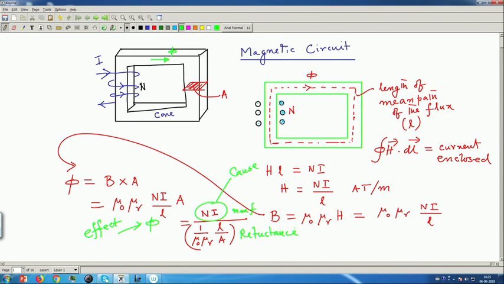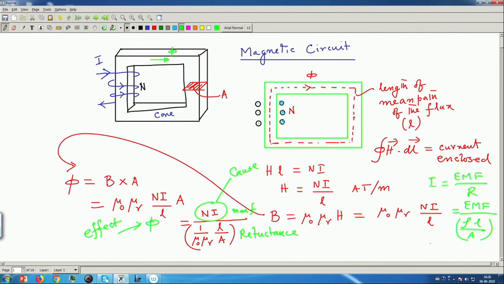In case of an electrical circuit, I is equal to EMF by resistance. And if you recall, EMF is voltage, resistance is rho L by A. So, there is a striking similarity, and that is why it is called reluctance. Reluctance limits the value of the flux when you apply an MMF.